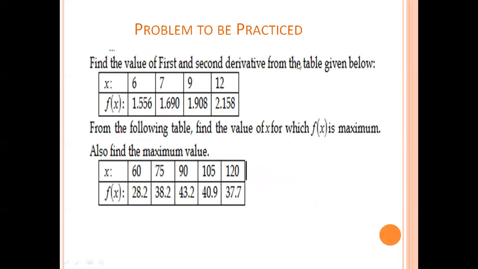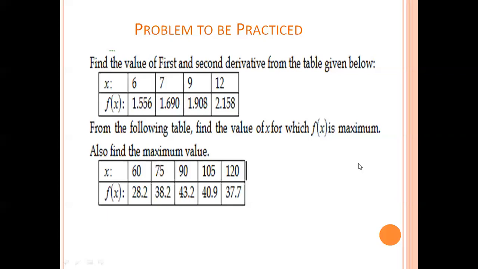So, problems to be practiced. Find the value of the first and second derivative from the tables given below. X values are 6, 7, 9, 12 and f(x) values are 1.556, 1.690, 1.908 and 2.158.